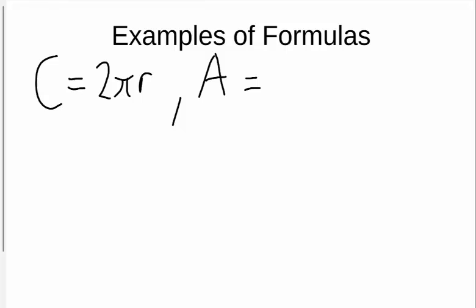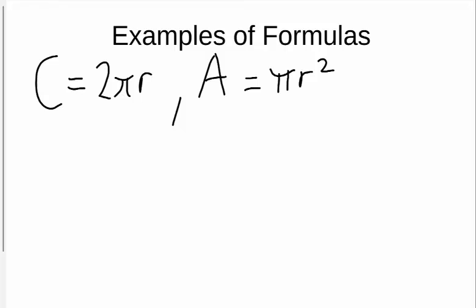All right, so here are some examples of formulas, some that you've seen before. How about circumference of a circle? Well, circumference equals 2 pi times your radius, r. You've probably also seen area of a circle. Area equals pi r squared.